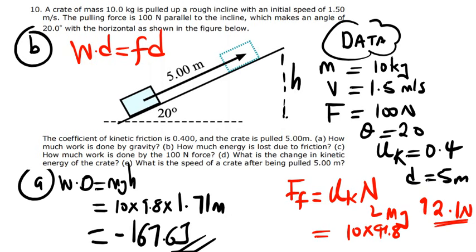Now the normal force that I've found is multiplied by the coefficient of kinetic friction. The coefficient of kinetic friction we've been given is 0.4. So 92.1 multiplied by 0.4, I'm getting the frictional force, 36.8 Newton.